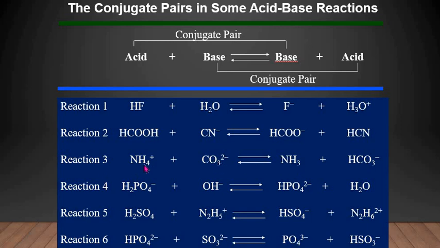Considering the reversible reaction, NH3 is converted into NH4 plus by accepting a proton from HCO3 minus, so it is a base, and HCO3 minus, by donating a proton to NH3, is converted into CO3 2 minus, hence it is the acid. It is the same for all reactions.